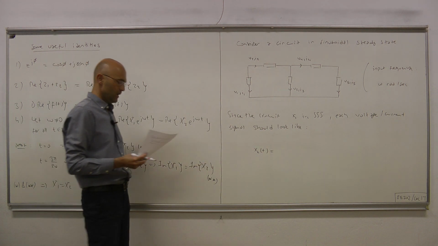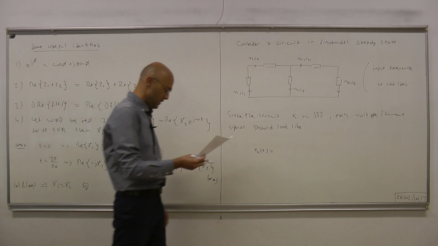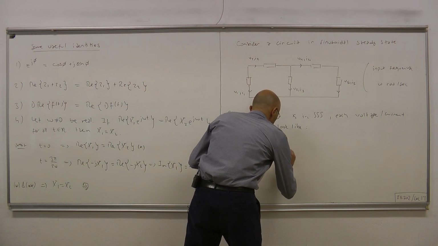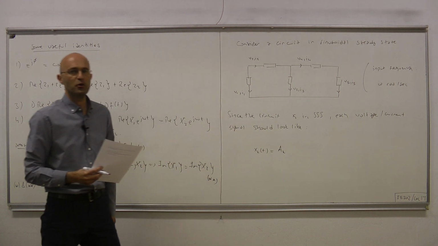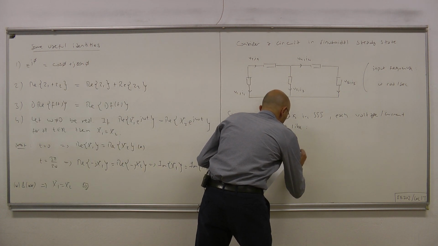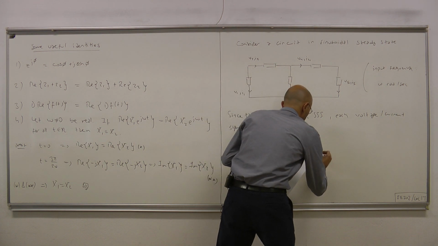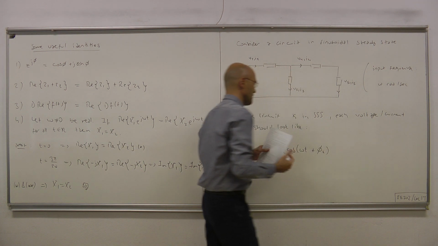This is either a voltage or current somewhere in the circuit. xk(t) equals some magnitude, which we denote by ak, or amplitude, times cosine of omega t plus some phase.